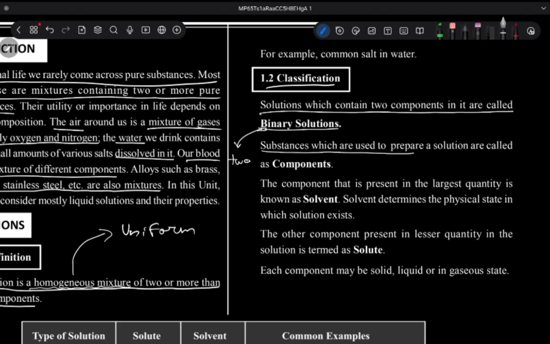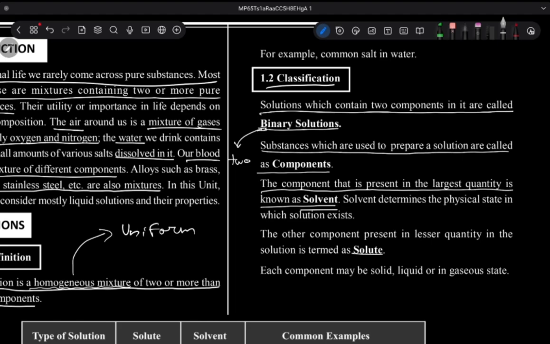Substances which are used to prepare a solution are called components. They are also divided into two roles, the solvent and the solute. First, understand what a solvent is. The component that is present in the largest quantity is known as solvent.